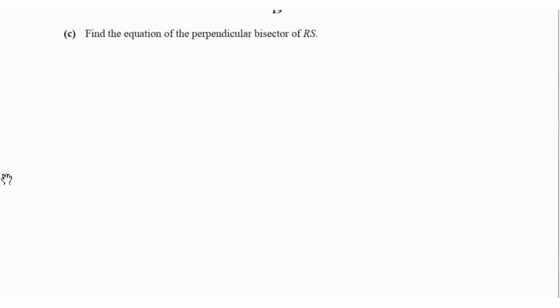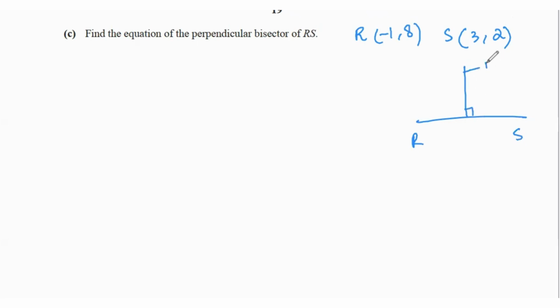Find the equation of the perpendicular bisector of RS. R had the coordinates of (-1, 8) and S had the coordinates of (3, 2). So if this is RS, this is your perpendicular bisector. When two lines are perpendicular, the product of the gradients equals -1.